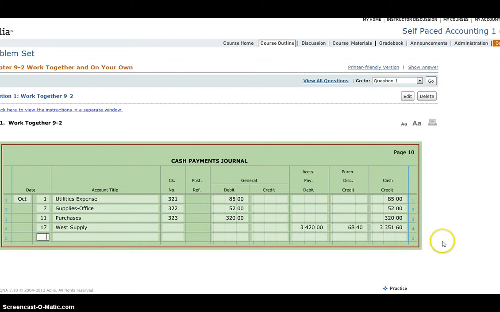Okay, so when we pay our bill, we owe $3,351.60 because we got a discount for paying early. But in our books, we need to make sure that this full amount right here goes away because that was the amount that we actually owed the business, but because we paid early, we got a little bit of a discount. So that's why we're putting it in this special discount column.